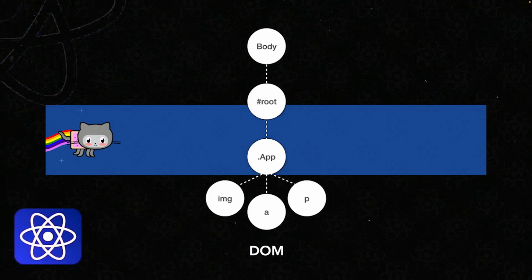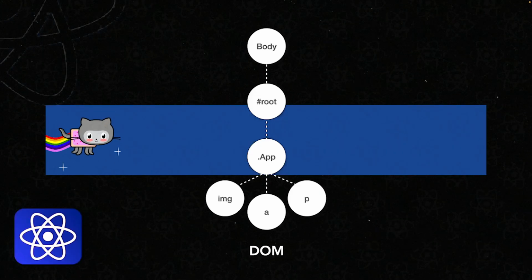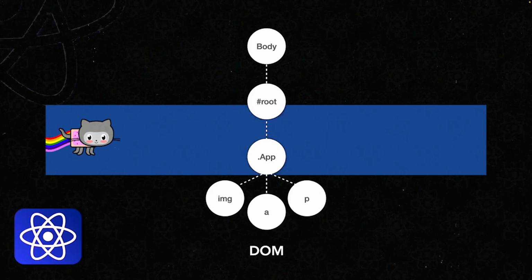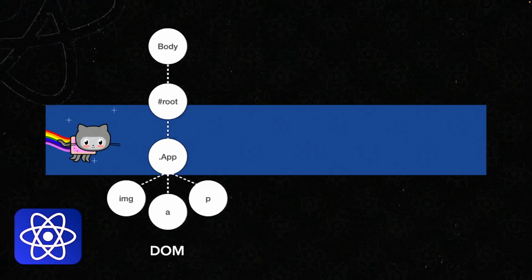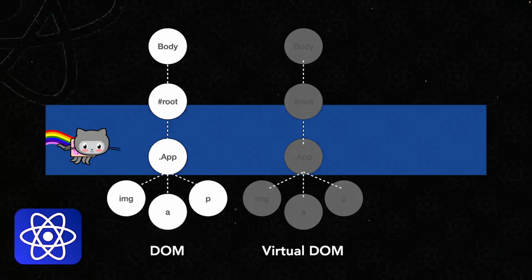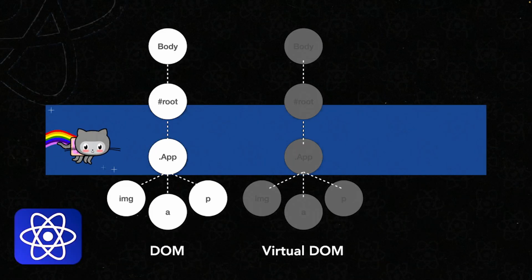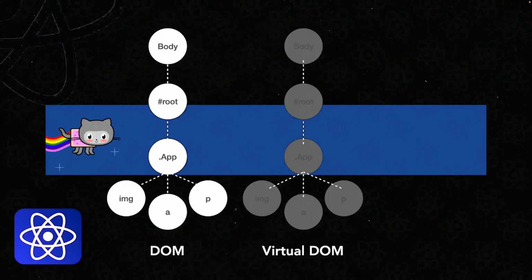Instead of making changes directly to the DOM, which can be slow, you make changes to the virtual DOM. The library then compares the virtual DOM to the actual DOM and updates only the parts that need to be changed. Snabbdom is a lightweight virtual DOM library that makes the process easier and more efficient.